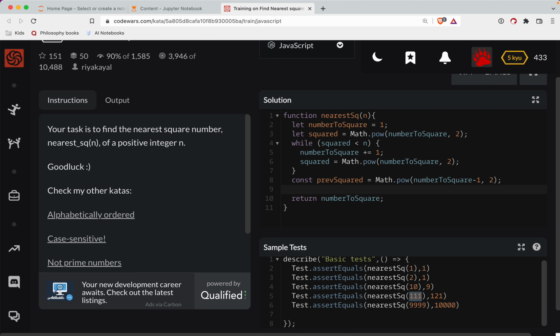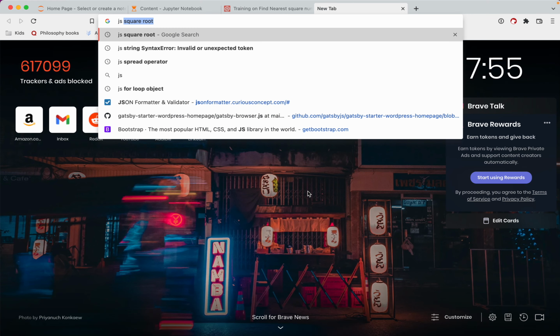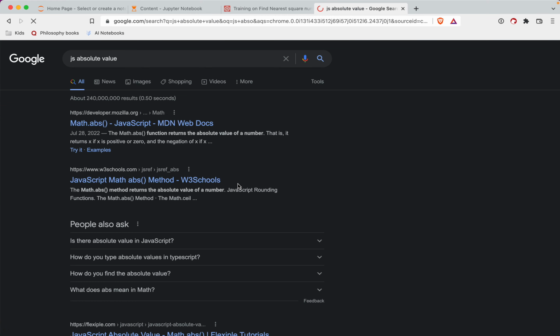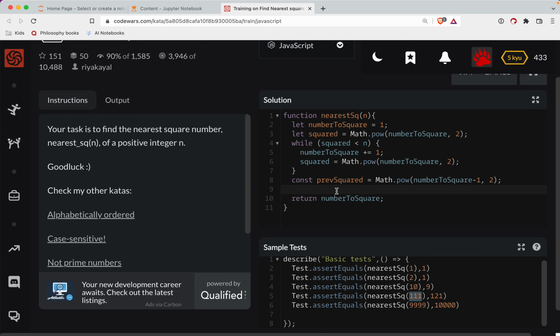So what we need to do is subtract the previous squared and the current squared and see which one has a bigger delta, a bigger difference between the two. And we don't care if it's positive or negative, so we need to take the absolute value. I believe JavaScript absolute value is just Math.abs. Yeah, sure enough, Math.abs is our value there.